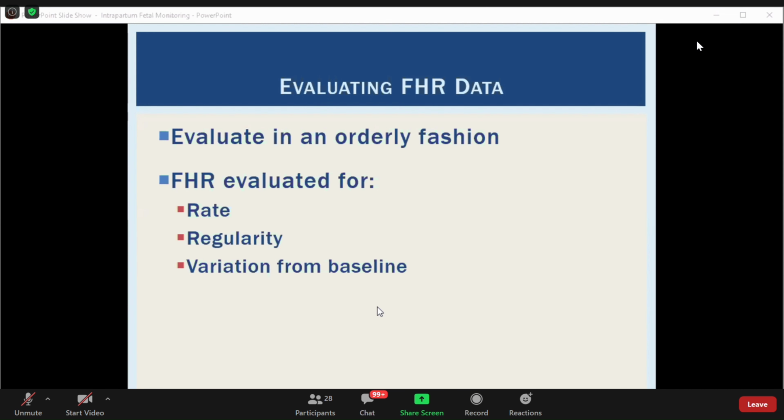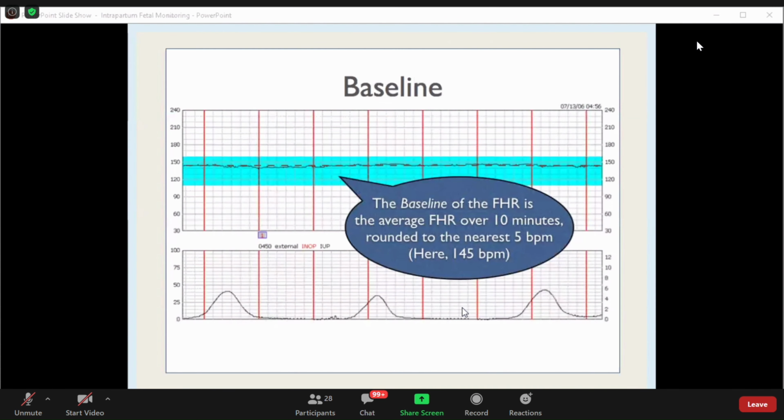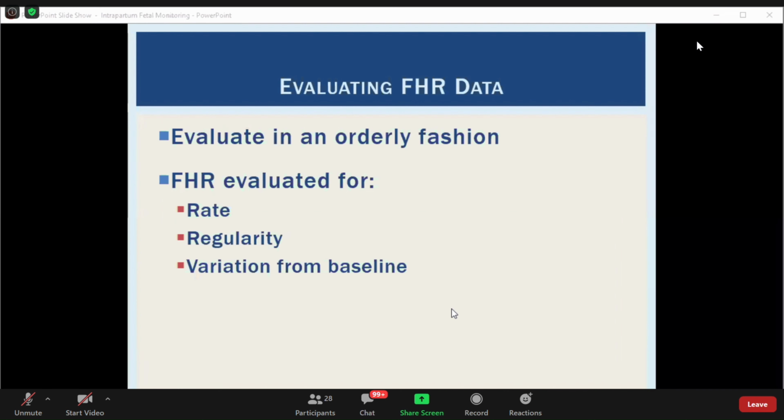But when you're looking at the fetal heart rate, you're looking at the rate, you're looking at regularity, and then a variation from the baseline. Even when the fetal heart rate is in the normal range, even for those of you sitting, typing, writing your notes, your heart rate is not 80.